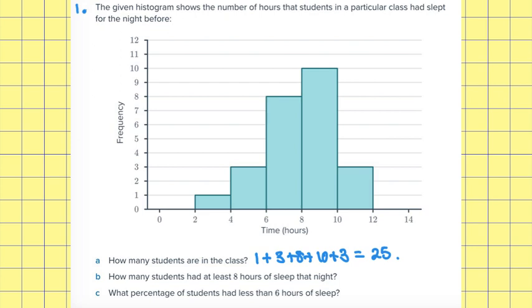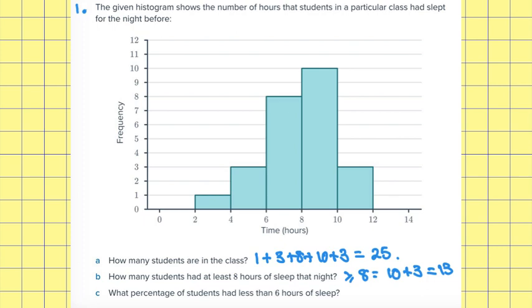B, how many students had at least 8 hours sleep? Well, at least 8 hours sleep is 10 plus 3. So we want greater than or equal to 8, which is equal to 10 plus 3, which is 13 students.